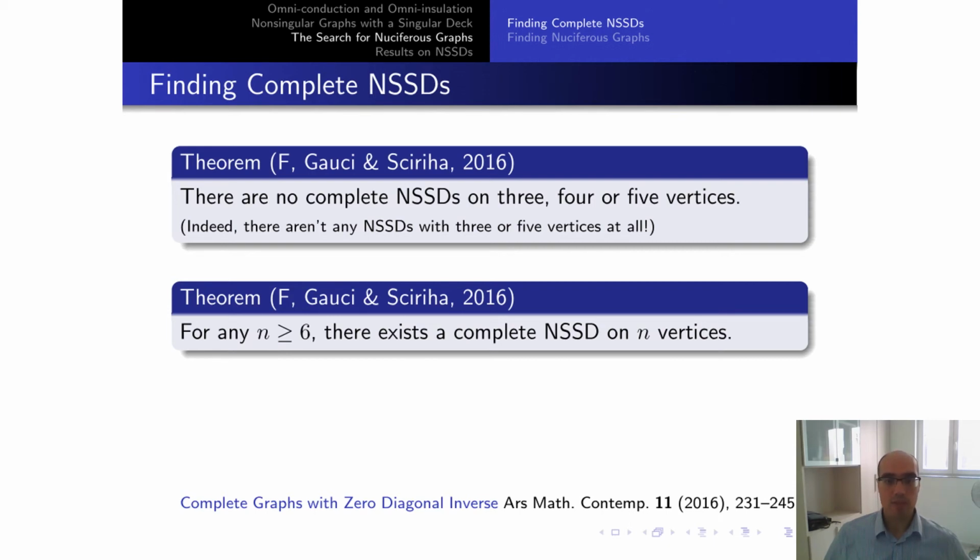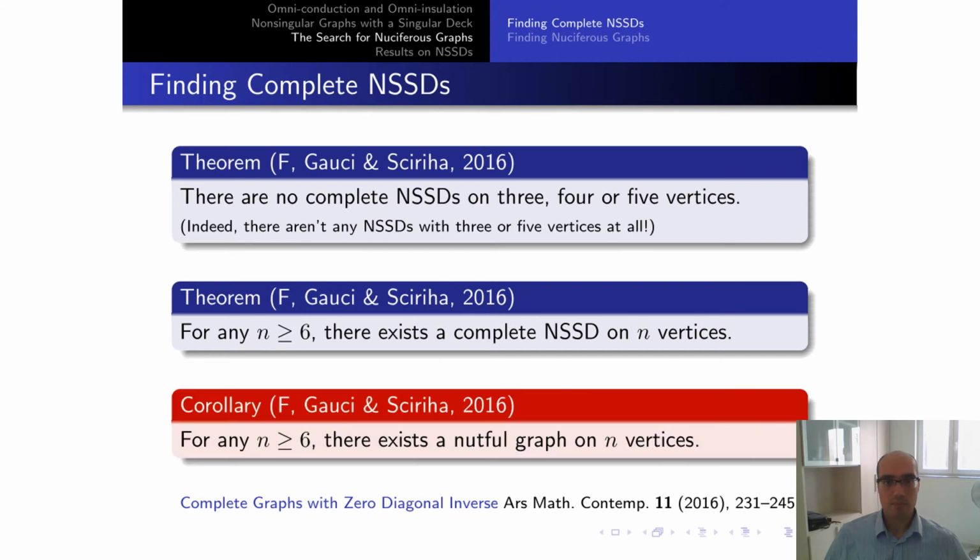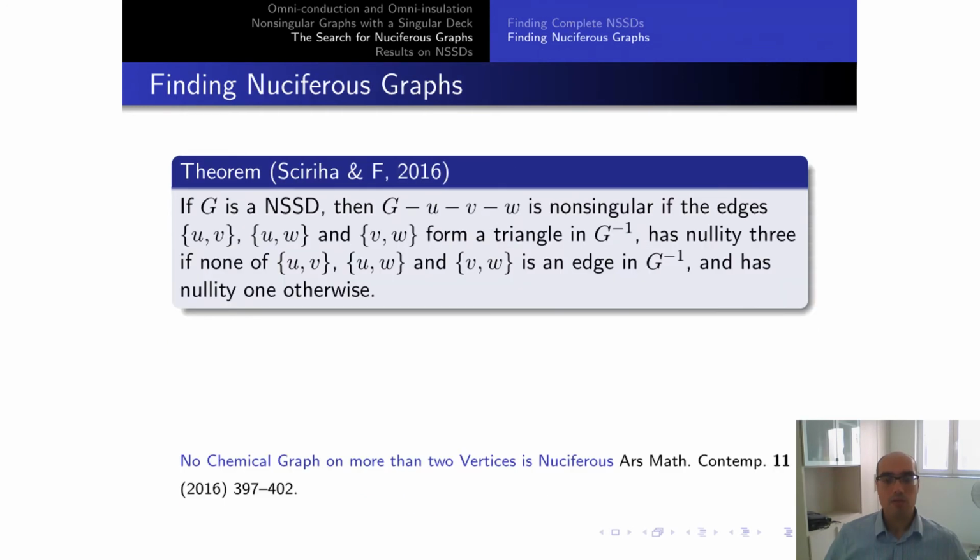So there are complete NSSDs on 6, 7, 8, 9, 10, and so on vertices. And by taking the inverse, NUT full graphs on 6, 7, 8, etc. vertices exist for any n. Unfortunately, we still couldn't find nuciferous graphs. We found a lot of NUT full graphs, but we did not find any nuciferous graphs.